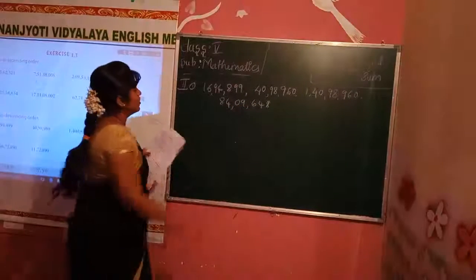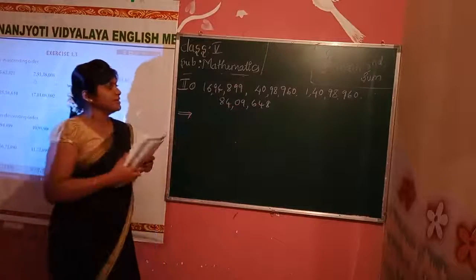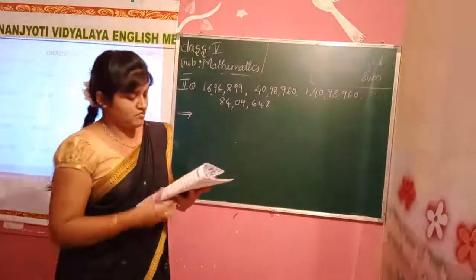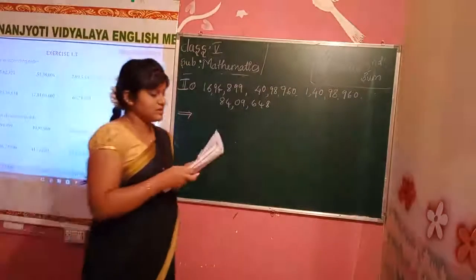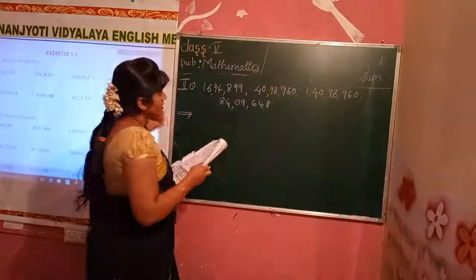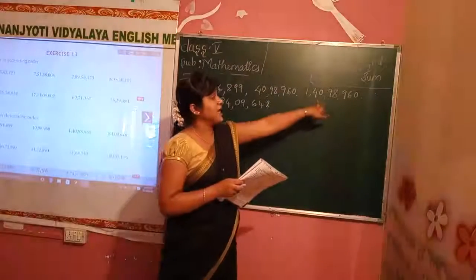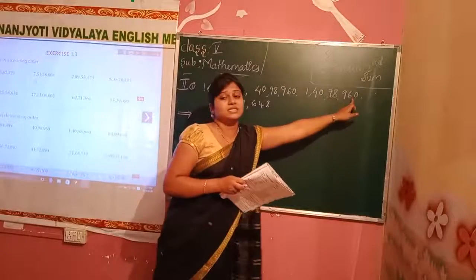Now write in descending order. Which is the highest number in this? 1 crore 40 lakhs 98,960 is the highest.